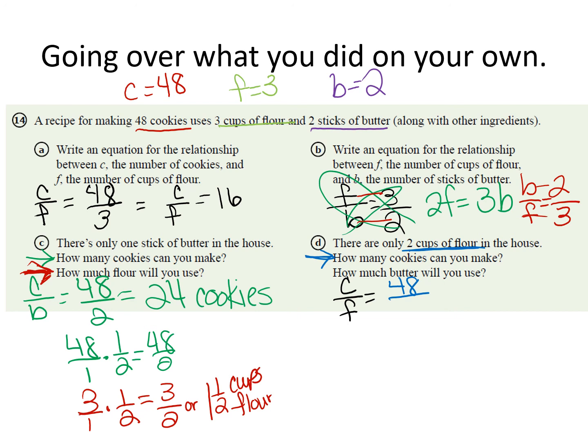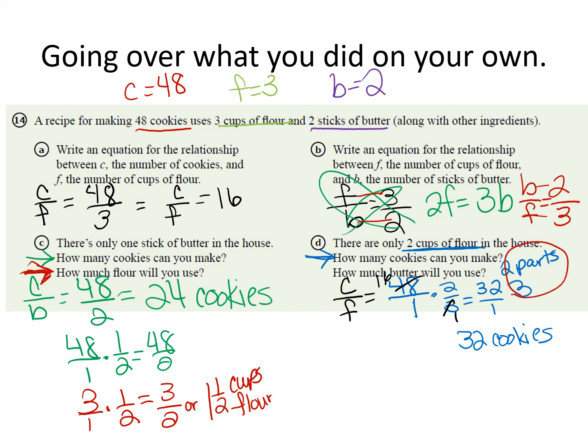We only have 2 cups of flour. So we only have 2 parts of the 3 that are needed. So we're going to take 48 over 1 and we're going to multiply it by 2/3. Okay, let's reduce. 3 goes into 3 once. 3 goes into 48 16 times. So 16 times 2 is 32 over 1. You can only make 32 cookies.